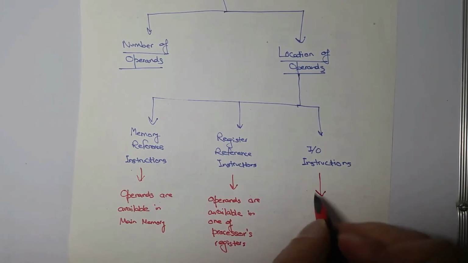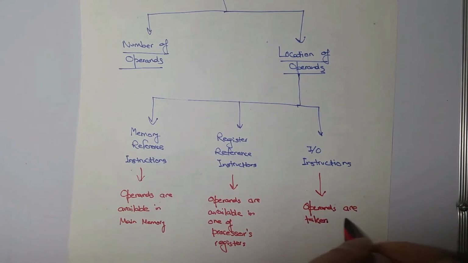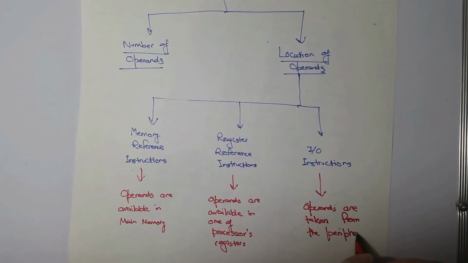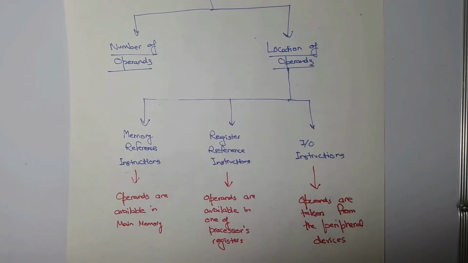In input-output instructions, the operands are taken from the IO devices or the peripheral devices. Now these are the three ways to classify instructions on the basis of location of operands.